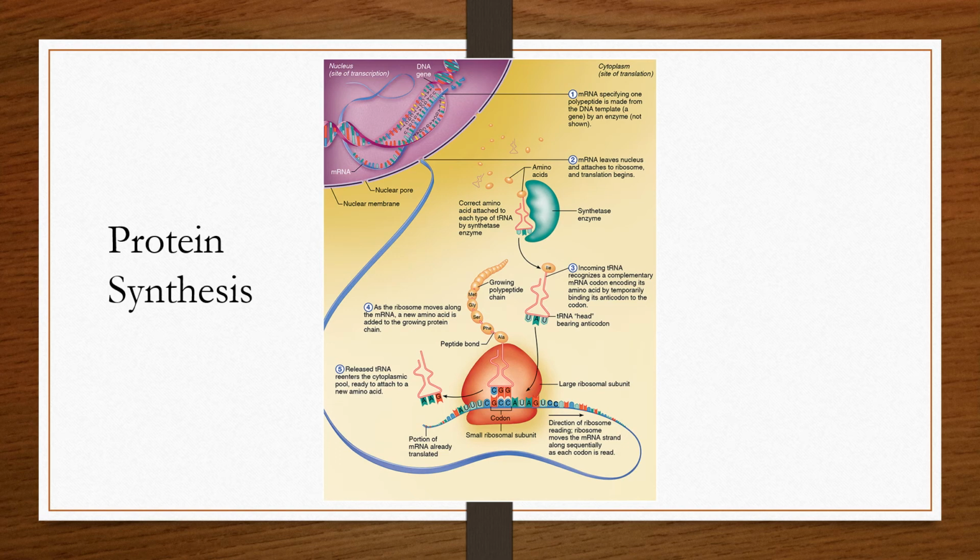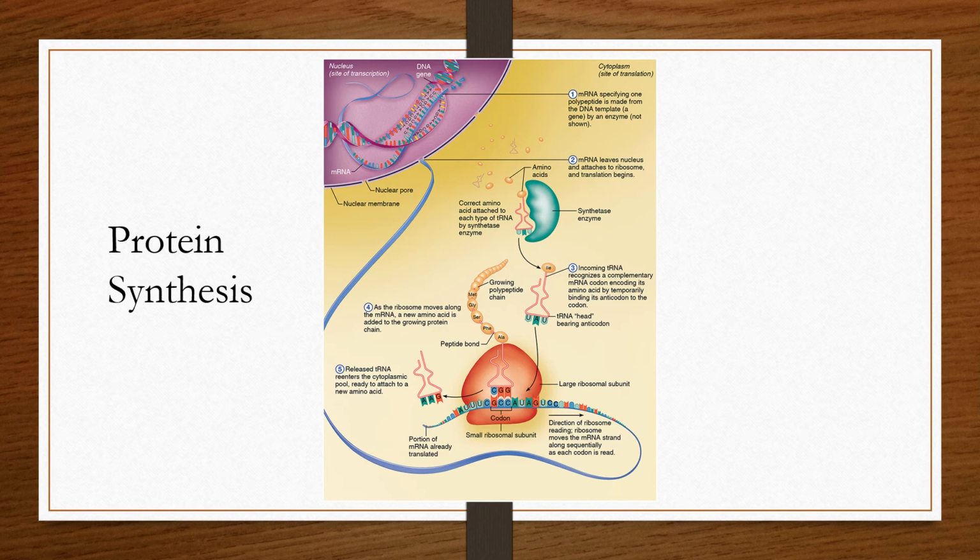So transcription involves the transfer of information from the sequence of bases in a DNA gene into the complementary sequence of mRNA by an enzyme. DNA is the template for the transcription and mRNA is the product. Each 3-base sequence specifying a particular amino acid in the DNA gene is called a triplet. And the corresponding 3-base sequences on mRNA are called codons.